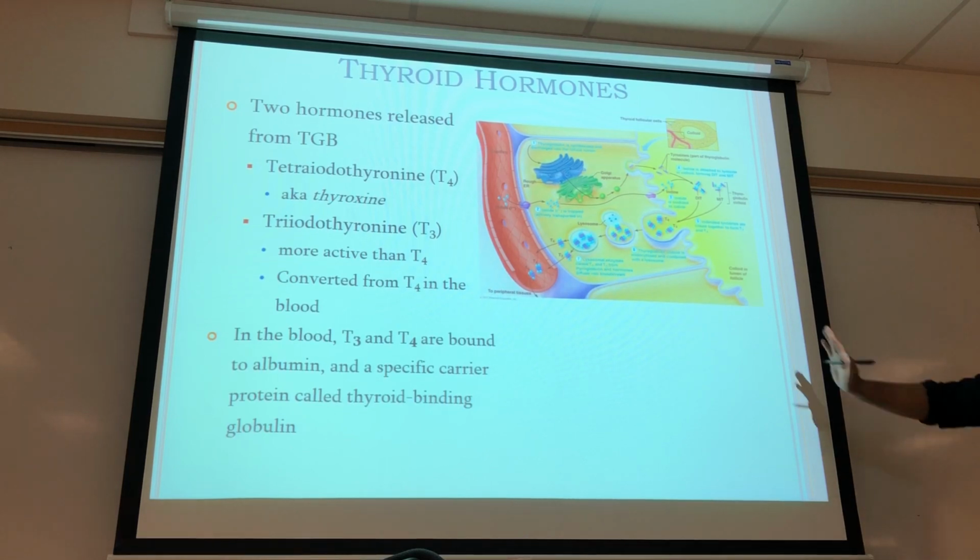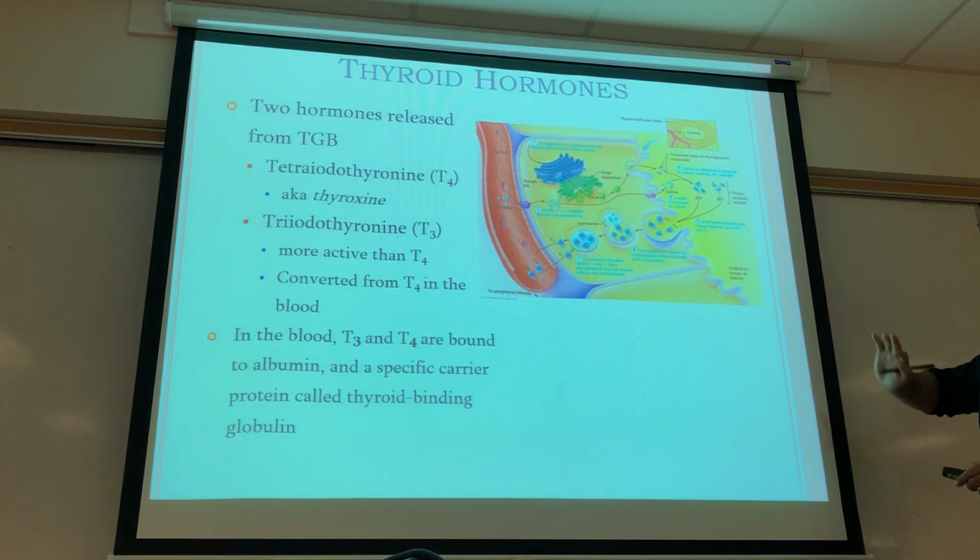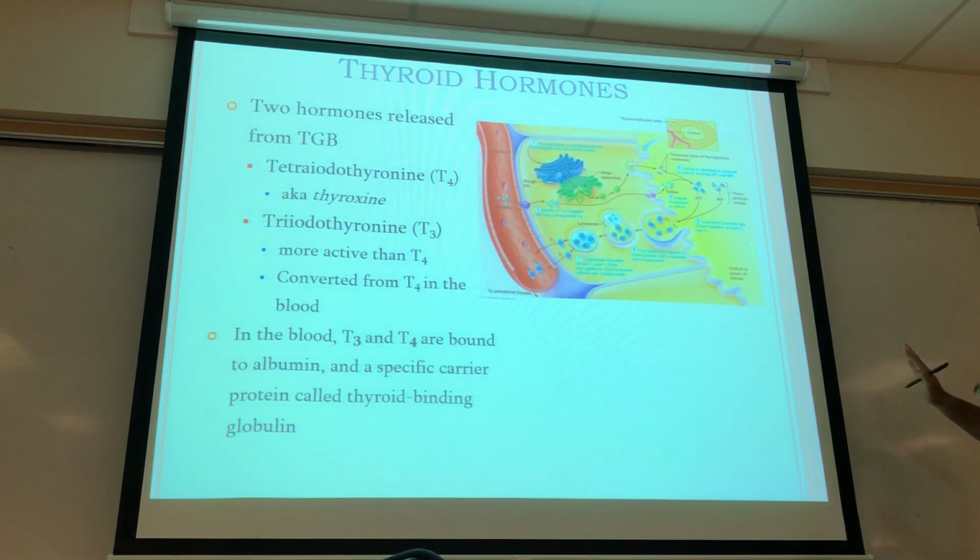And in this slide, I'm not going to have you guys memorize the slide. What I just want you to get from here is to take a look at our thyroglobulin, which is this pool right here in the center. This is all TGB. These are the follicular cells surrounding, again, the cuboidal epithelial cells surrounding that colloid mixture of TGB.